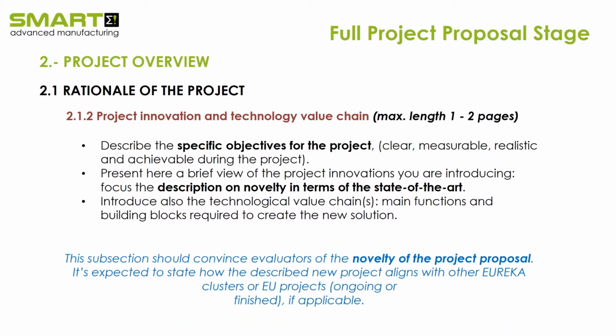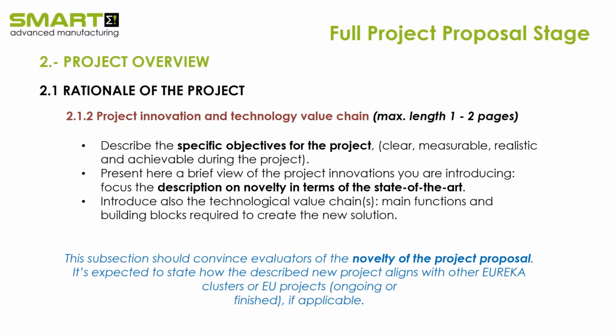The next part of the proposal is called Project Innovation and Technology Value Chain. And here, what is requested is to provide specific objectives of the project. And these specific objectives have to be clear, measurable, realistic, and they must be achievable during the project life.